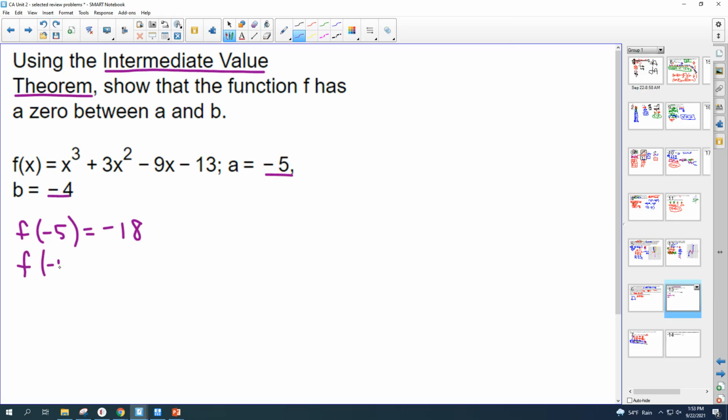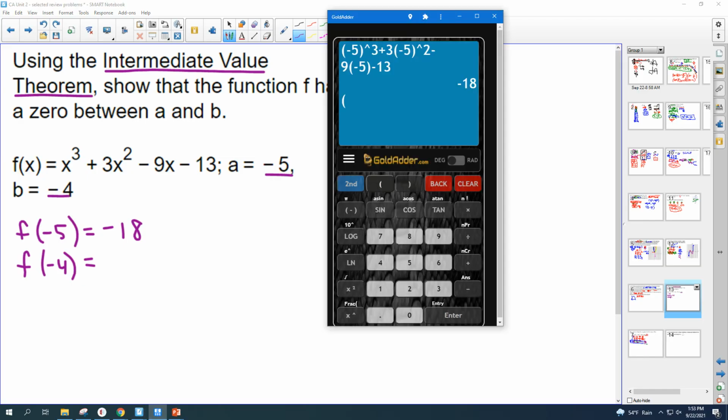Okay, now I'm going to plug in -4. I get 7.